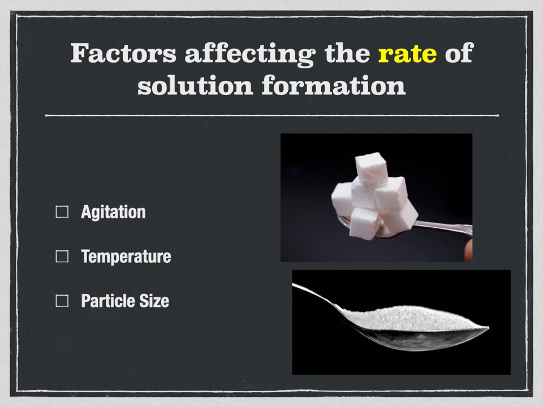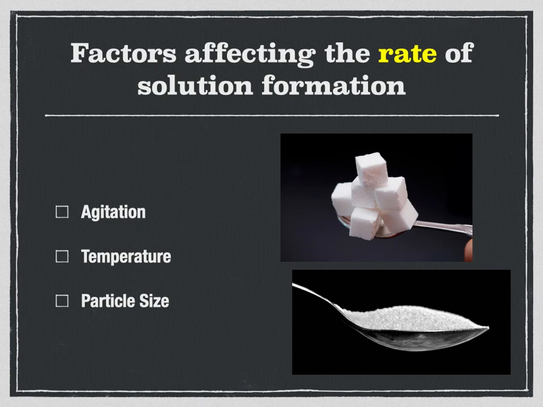And so the rate at which the solvent molecules are going to bounce into those sugar crystals is going to be much slower, or much fewer, than that same solvent bumping into the sugar crystals on the bottom of that picture.